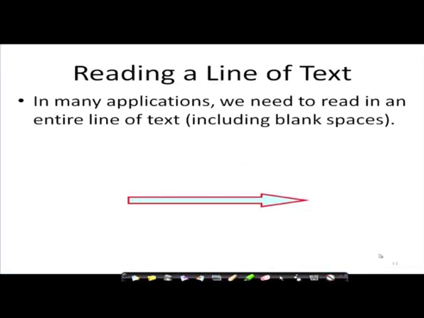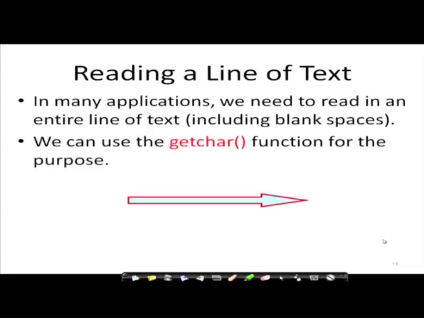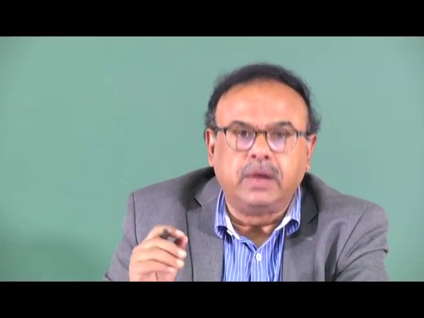In order to do that, we can use the getchar function for the purpose. By the getchar function, we will be getting the characters one after another, and I will go on getting the characters till I come to a character that is a carriage return, designating that it is the end of the line. Okay.